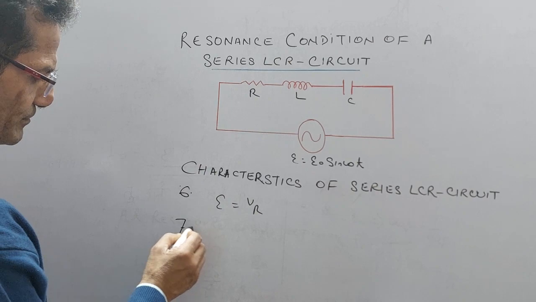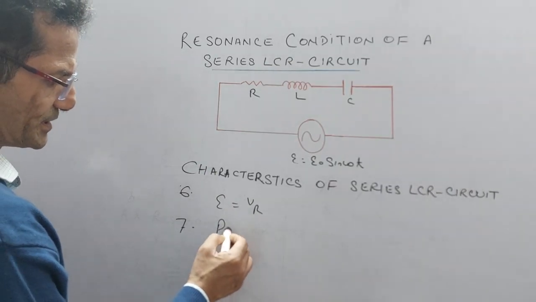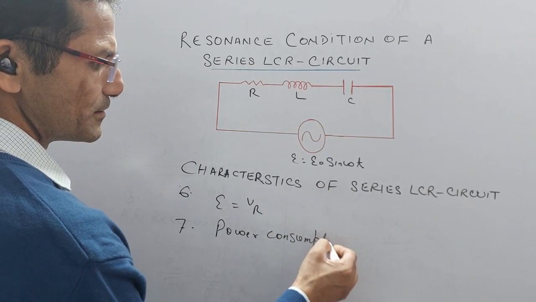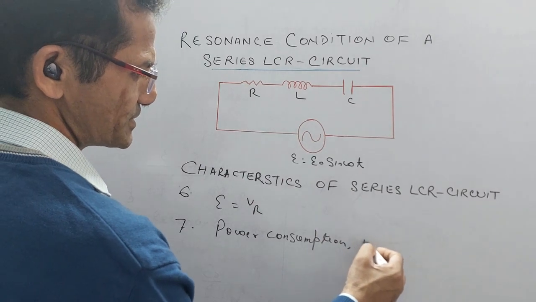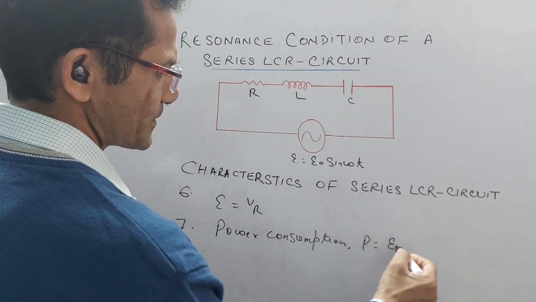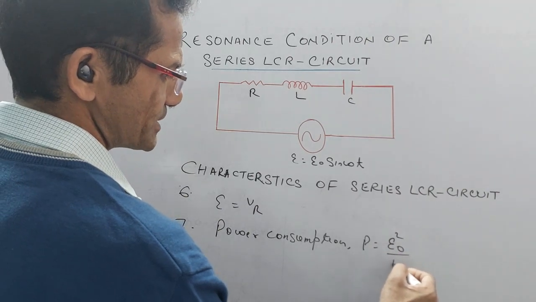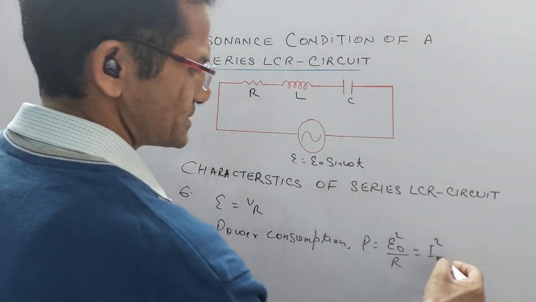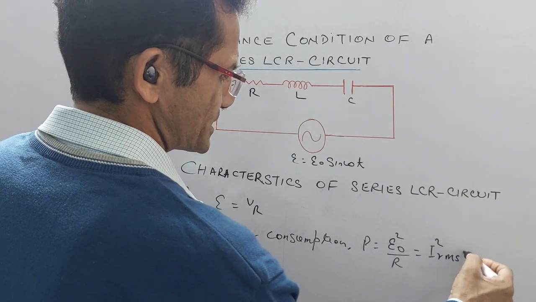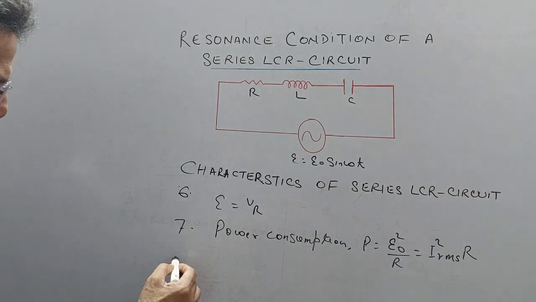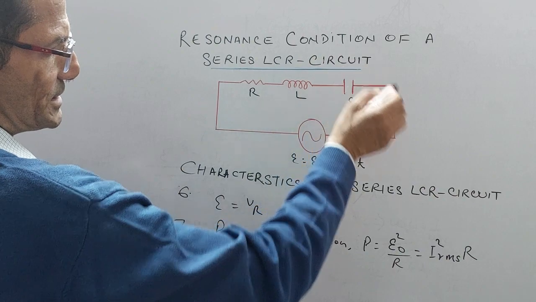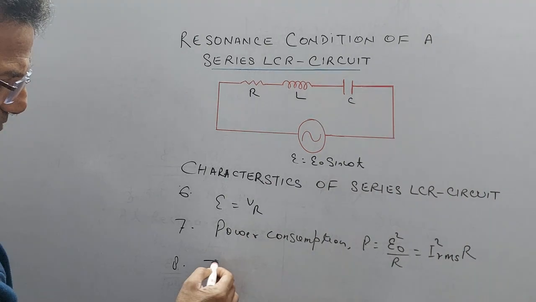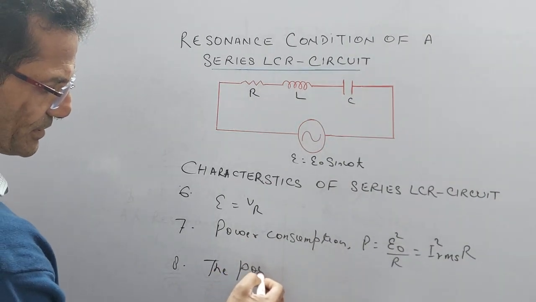Now the seventh point, power consumption. The power consumption here would be only the square of the voltage amplitude divided by R. We can also write it in this format: the square of the RMS current multiplied by R. And the eighth point: since the current in this LCR circuit and the voltage across the resistor are in the same phase, the power factor is unity.